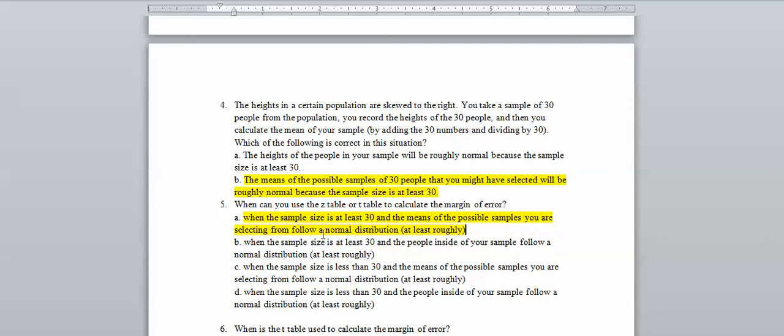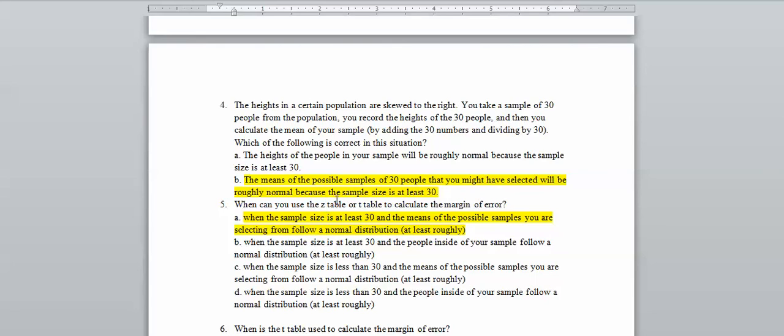So if the possible samples, the sampling distribution, follows a normal curve, or at least roughly, you can use the z-table or t-table. But if the sampling distribution doesn't follow a normal distribution, you can't use the z-table and you can't use the t-table.